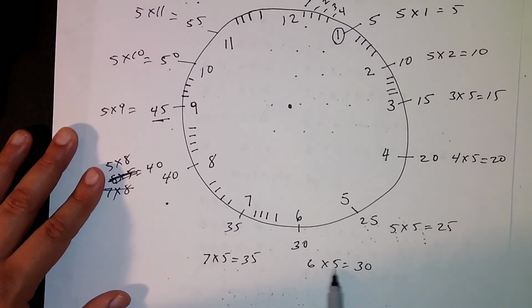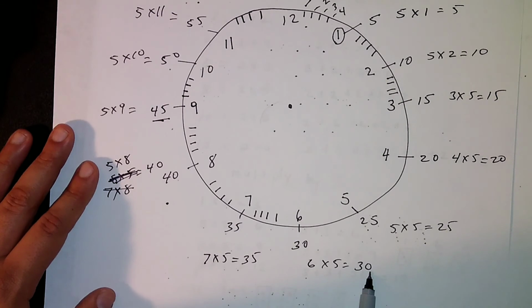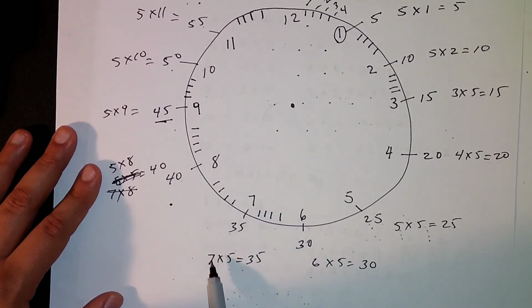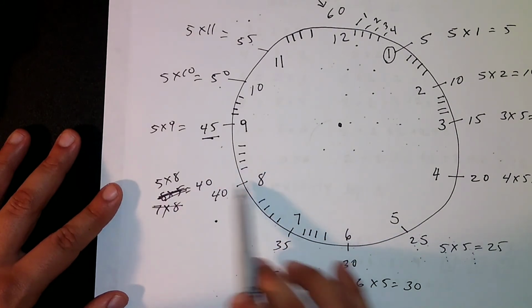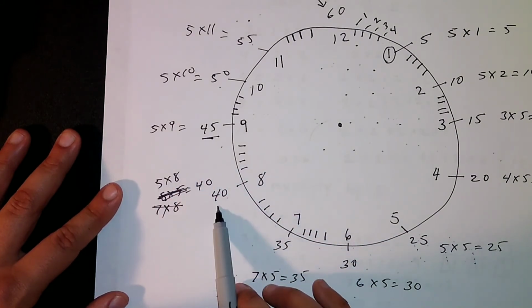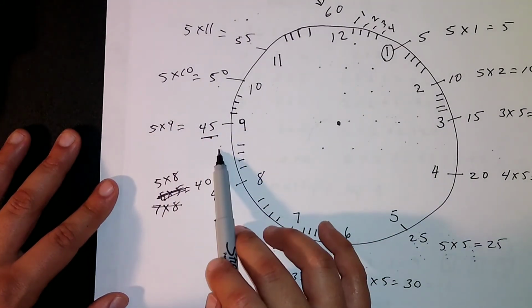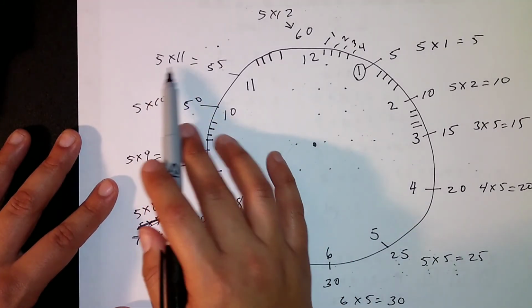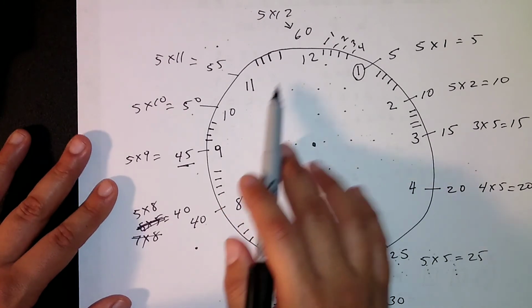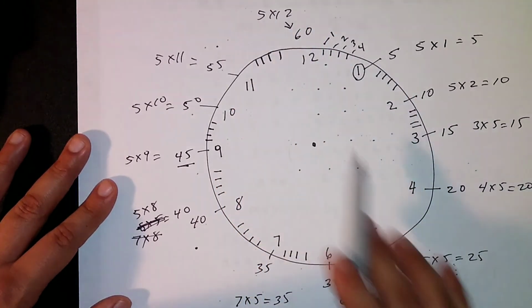That's 30. 6 times 5 is 30. We're at 7. 7 times 5 is 35. 8 times 5 or 5 times 8 is 40. 5 times 9 is 45. 5 times 10 is 50. 5 times 11 is 55. And 5 times 12 is 60.